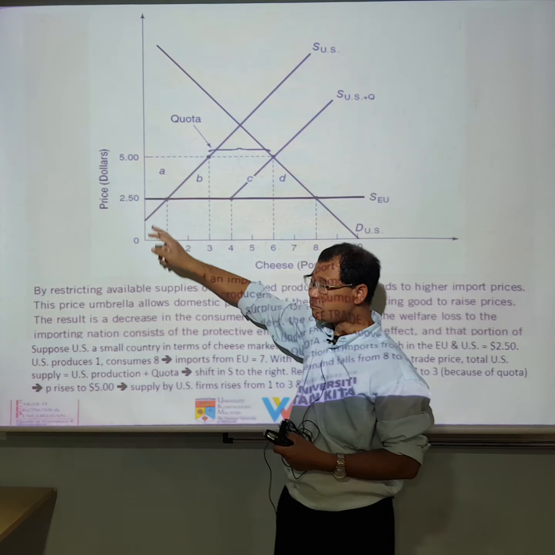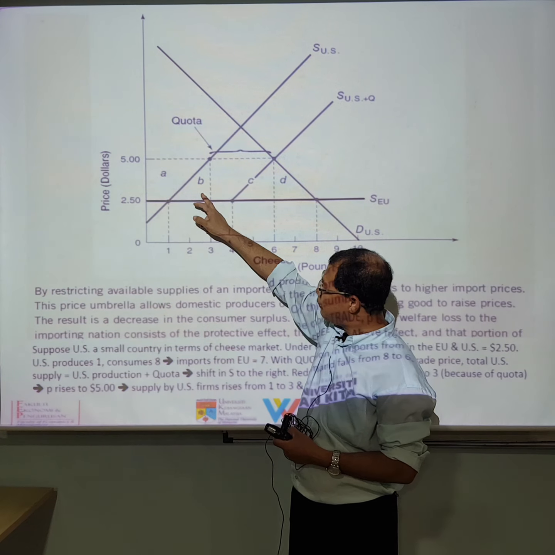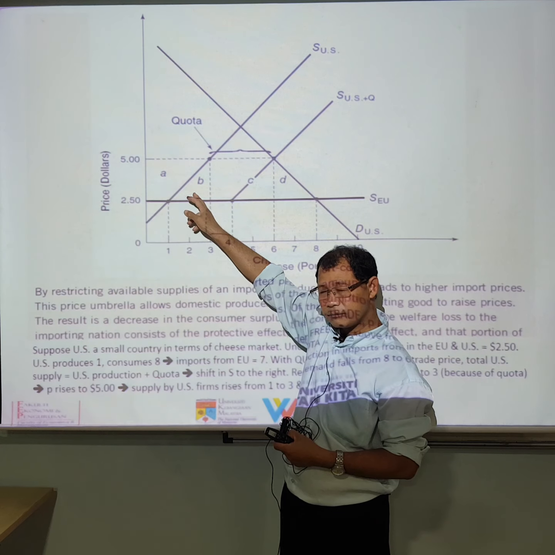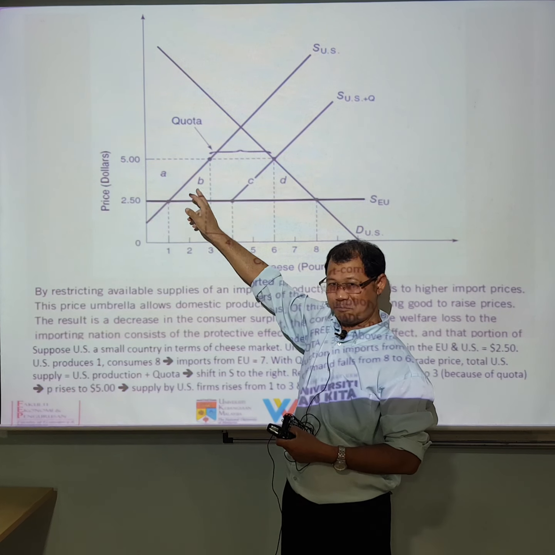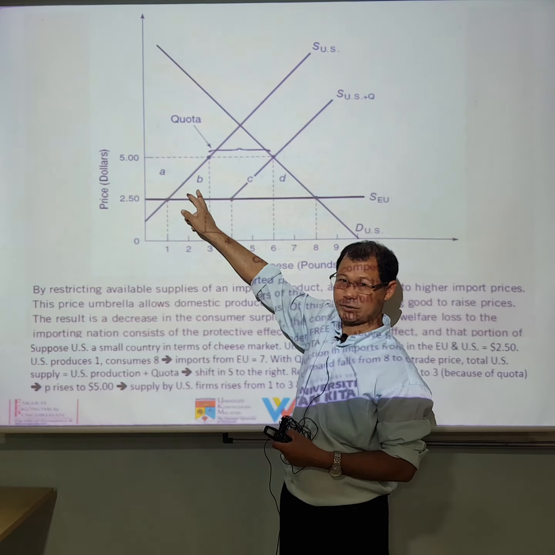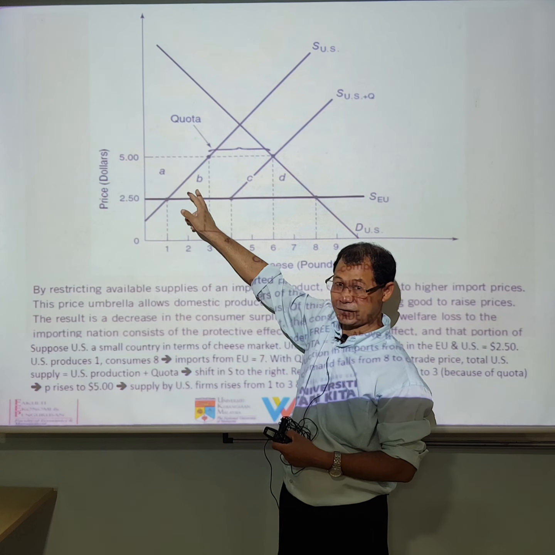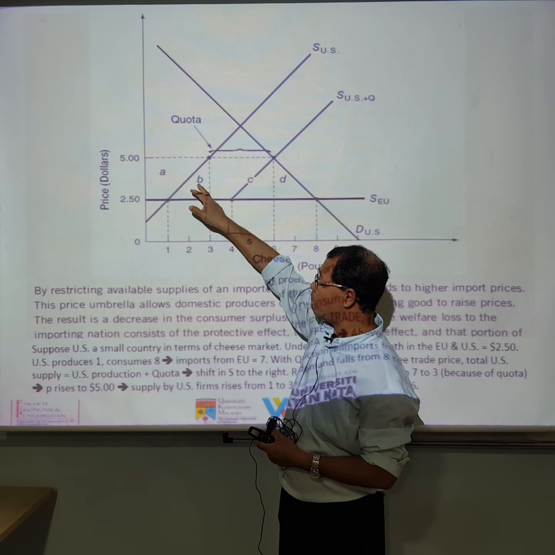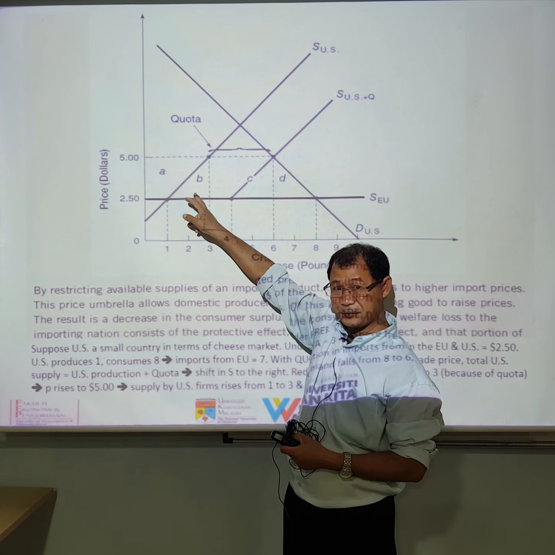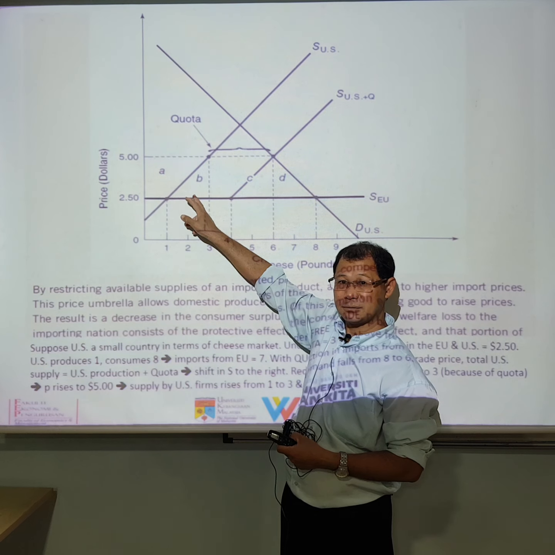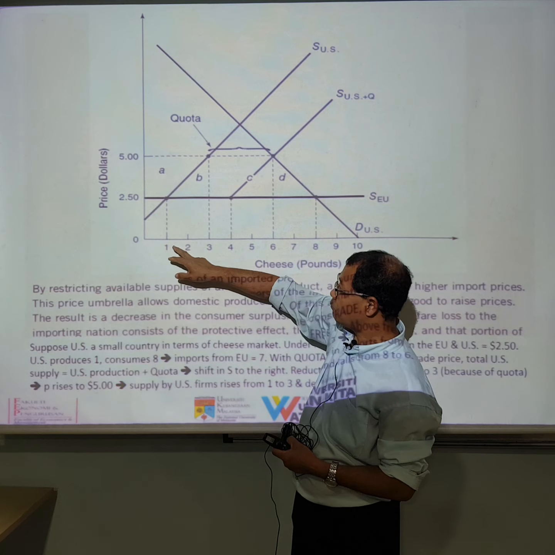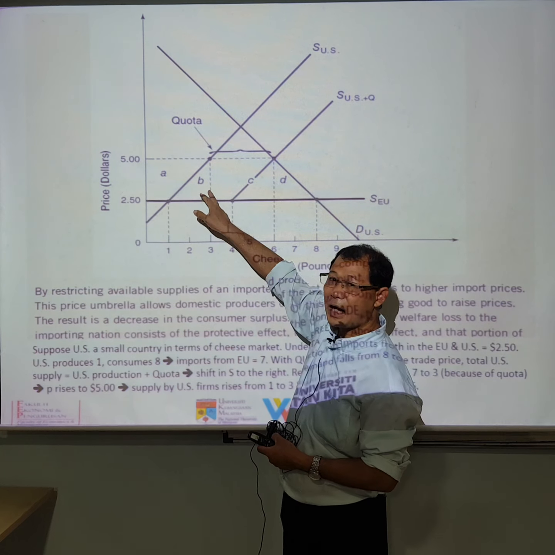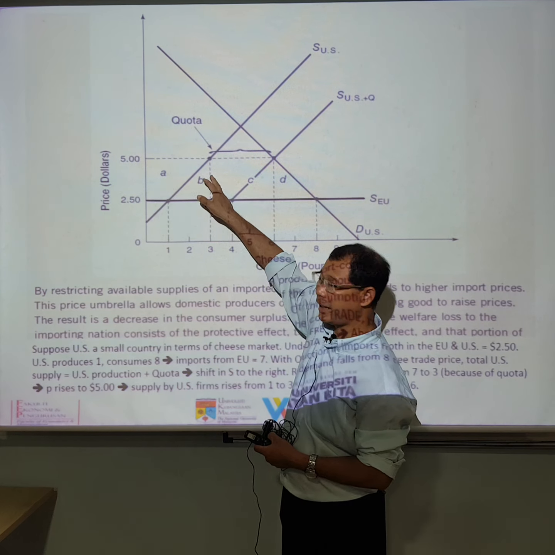Redistribution effect from consumers to producers. Producers get this. What about B? B doesn't go to producers. Consumers lost it. It goes to no one. B is one of the deadweight losses that we're going to study here. B is a protective effect, because production increases from 1 to 3 because of higher prices afforded by the quota.